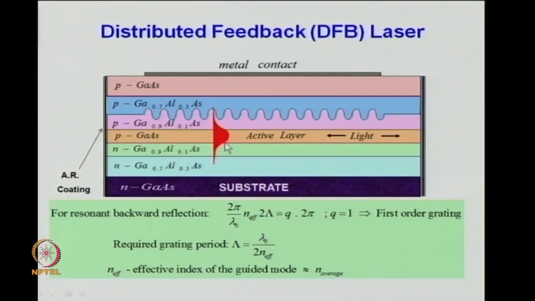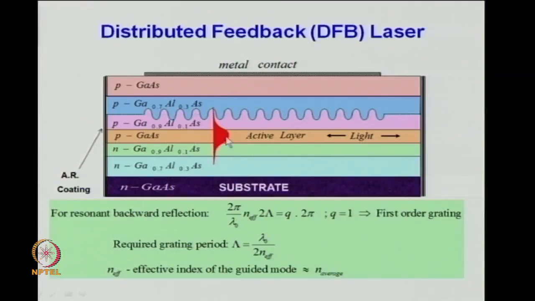However, this structure supports a guided mode here, like all other double heterostructure lasers. In the case of a distributed feedback structure, there is a grating which is a corrugated grating, a periodic structure in the cladding here.